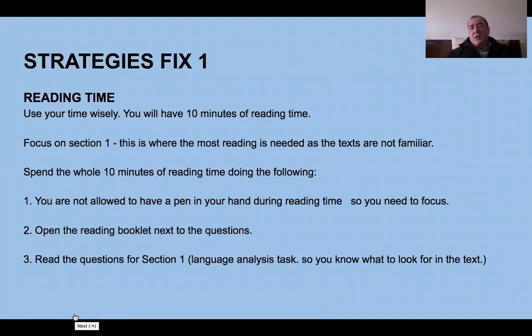The first thing is everyone in this examination has 10 minutes of reading time. So it's very important that you use that time wisely. Now, 10 minutes is given because there's a lot of reading to get done. We can read something fairly quickly, but we need to read it so that we get an understanding of what's going on.